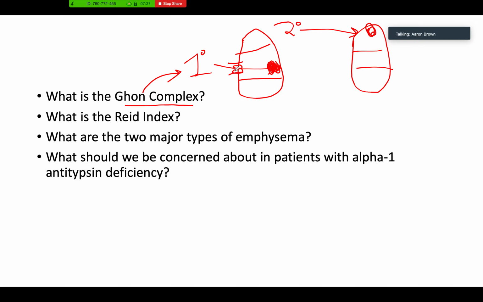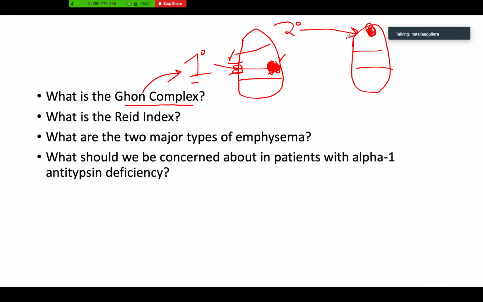It will be enlarged. Those lymph nodes will be full of tuberculosis bacteria, right? And so those lymph nodes will be swollen, and you should be able to see that on x-ray too. So primary tuberculosis, we look for these two things: swollen lymph nodes at the hilum and a Gohn complex in the middle field. Secondary, we see it at the apex. When it comes back, it goes right to the top.